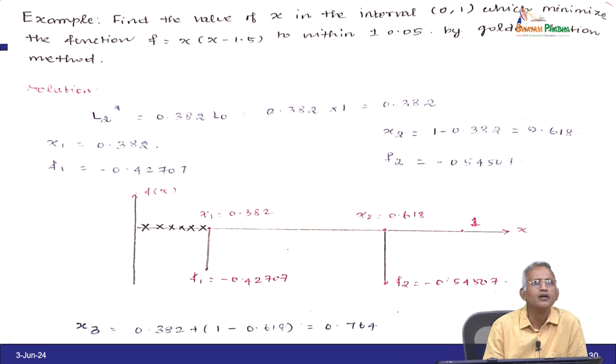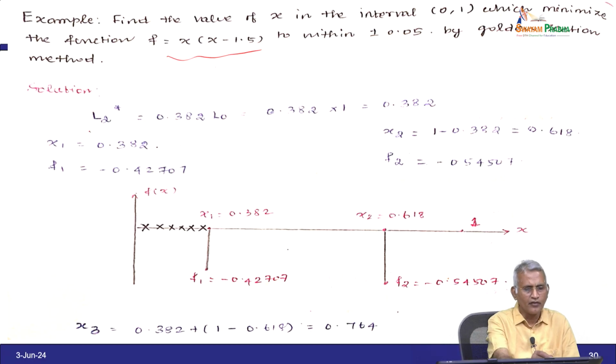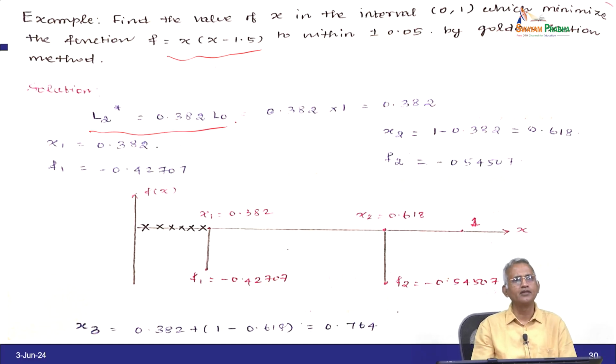Now, we have another example. Find the value of x in the interval 0, 1 which minimizes the function f equal to x into x minus 1.5 to within plus or minus 0.05 by the golden section method. The general formula is L2 star equal to 0.382 L0. Here L0 equal to 1 because the upper limit is 1.